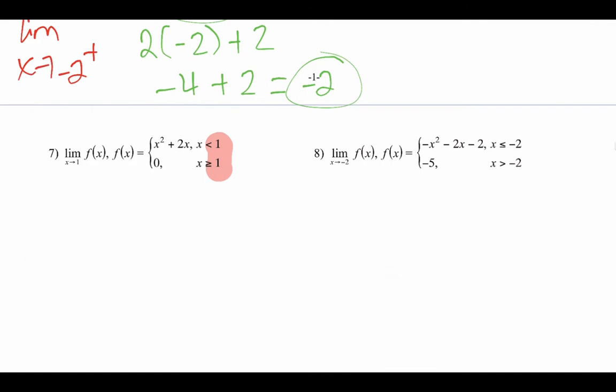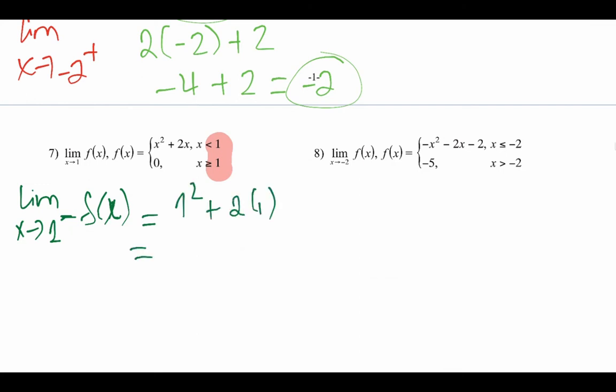So I can write out limit x approaching 1 from the left. So f of x equal to 1 squared plus 2 times 1, which is 1 plus 2, is 3.